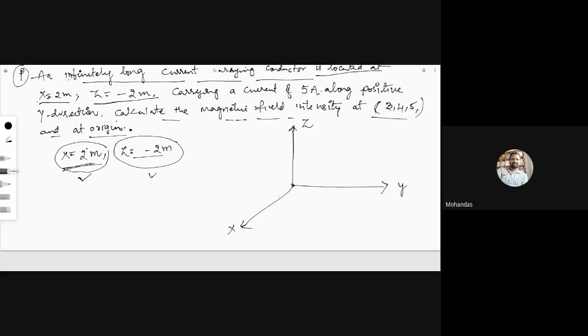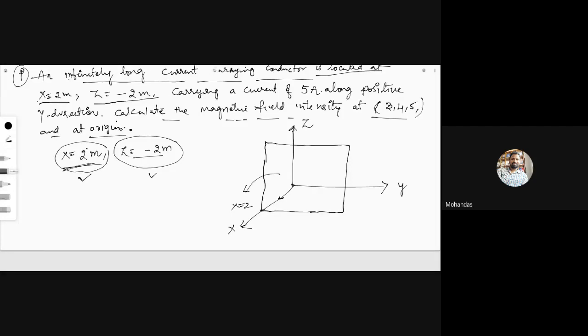This is x equal to 1, this is x equal to 2. By keeping x equal to 2 constant, y is varying and z is varying. Finally, we can generate an infinite plane. This is x equal to 2.